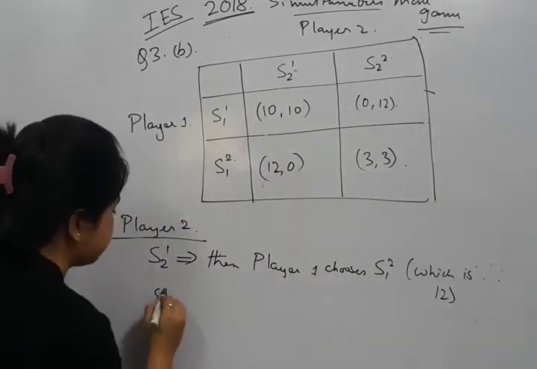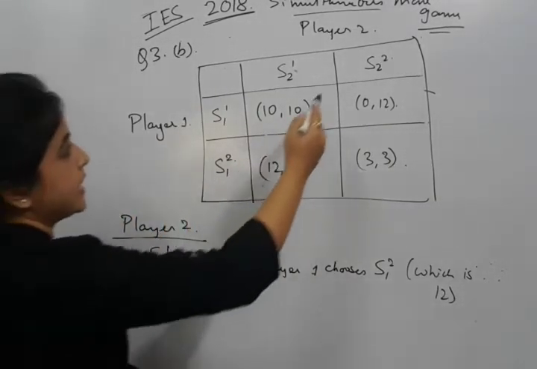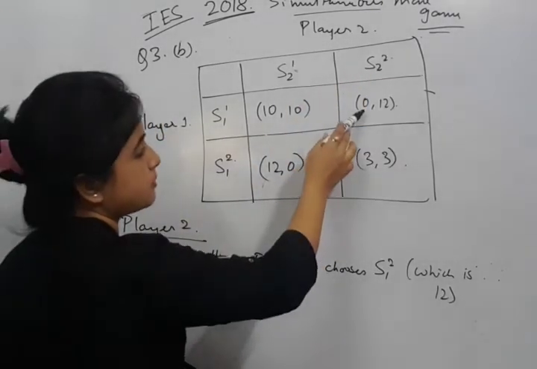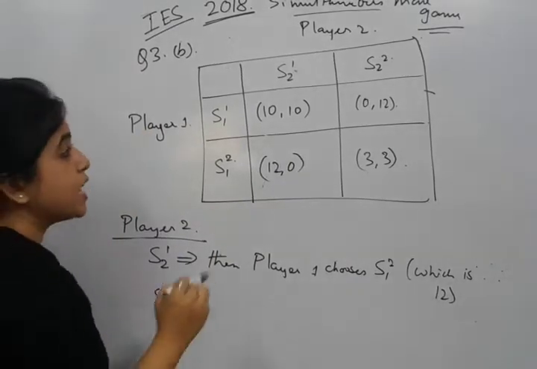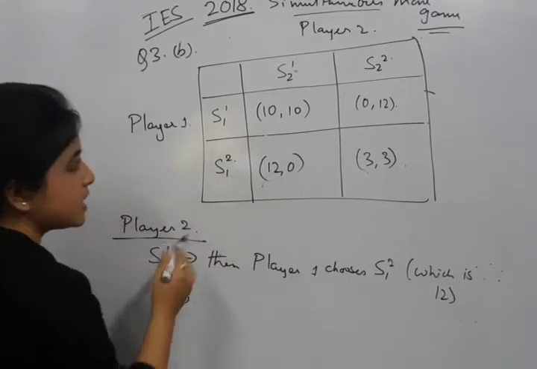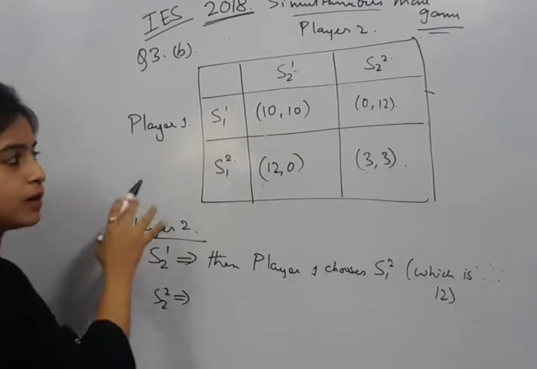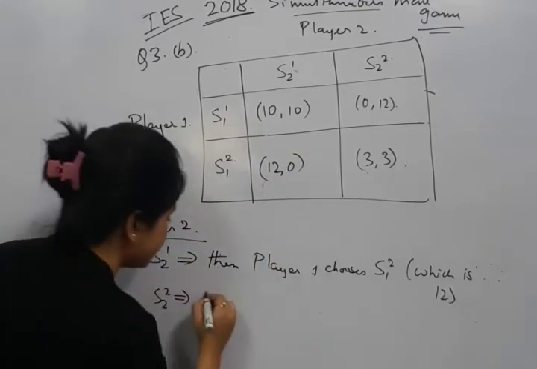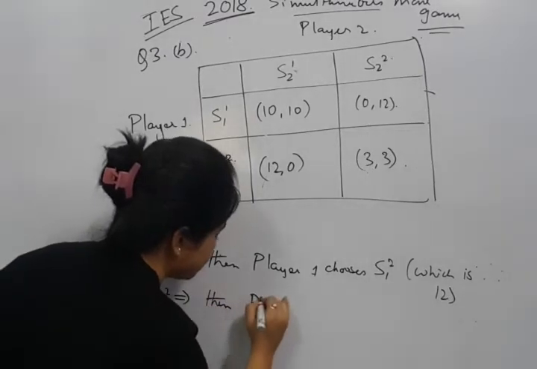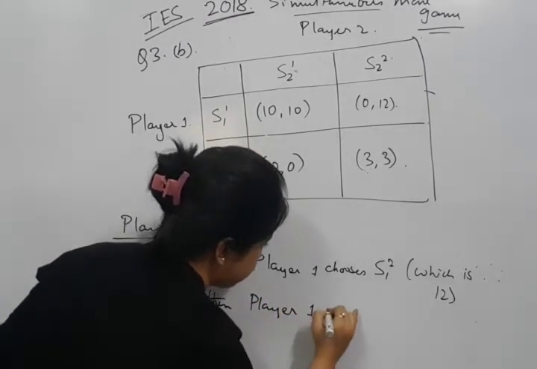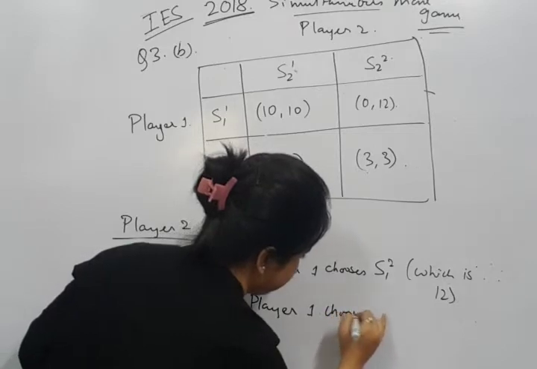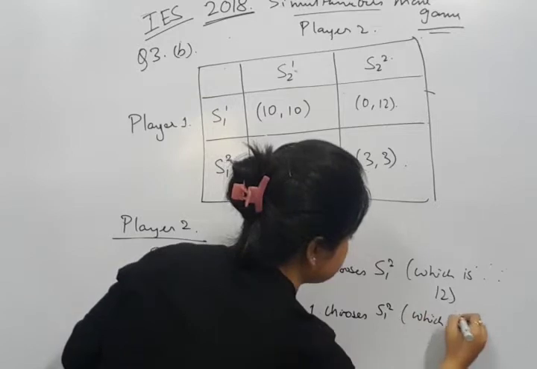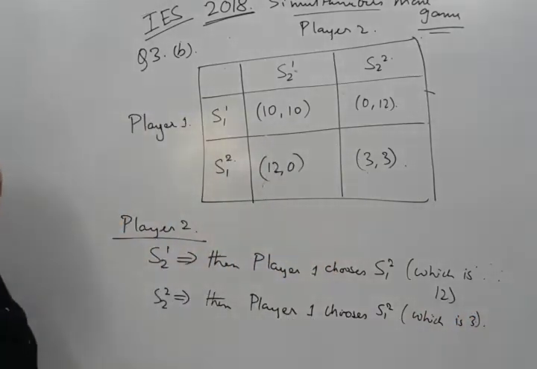And similarly, if player 2 chooses the S22 strategy, then player 1 would again have to compare between 0 and 3 over here, and he would again go for the strategy S12. So player 1 chooses S12, but this time the value is not 12 but 3.